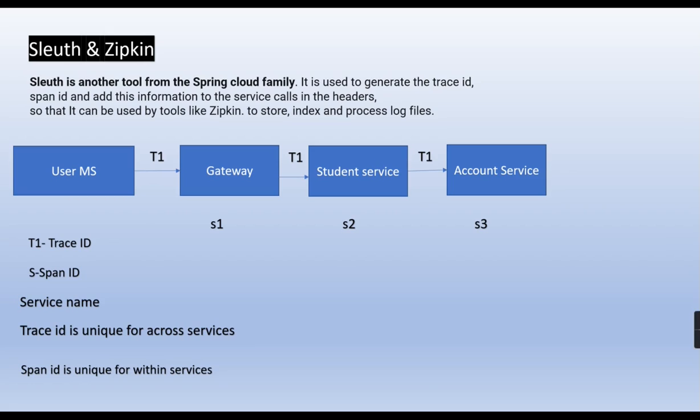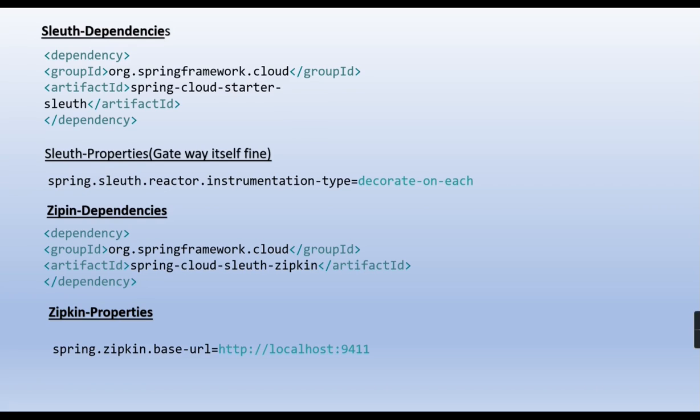But we need a quick solution, so we need to identify exactly where the problem is happening. For tracking and debugging all those issues, Sleuth and Zipkin are more user friendly. For that, it creates a trace ID, span ID, and service name. Trace ID is common across all the applications, and span ID is within the service. We will have individual services within the service.